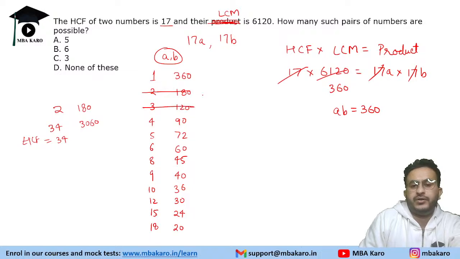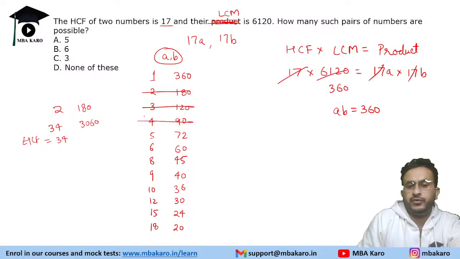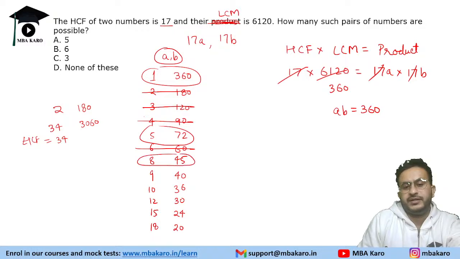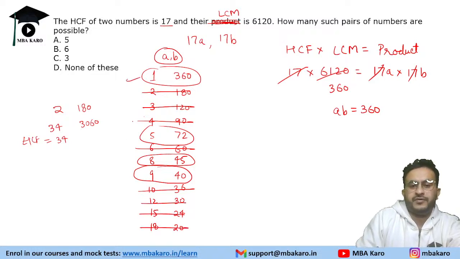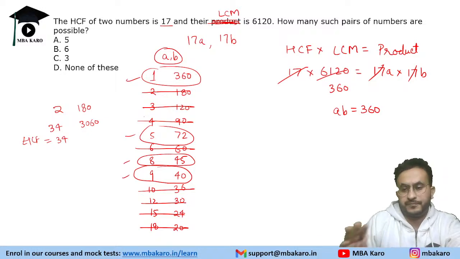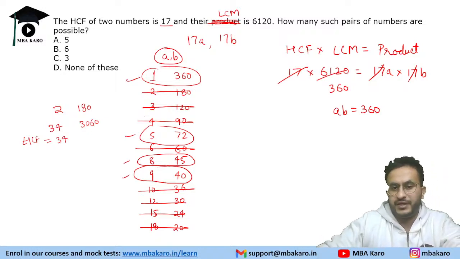So 3 and 120, 3 is common, 2 is common in this. So this is one pair, another pair will be 5 and 72, 6 and 60 we will not take. This is co-prime, this is also co-prime. In this 2 will be common, in this also common, in this 3 is common, in this 2 is common. So we have 1, 2, 3 and 4. Are you getting 4 pairs?